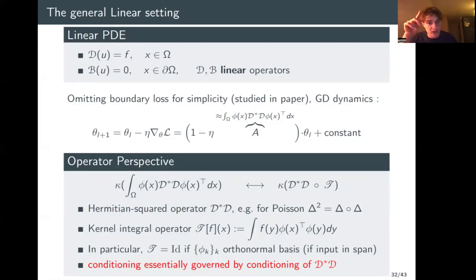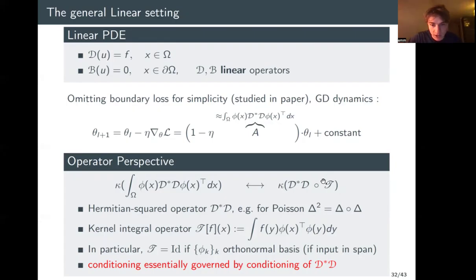By leveraging the duality, the condition number of this matrix is actually equivalent to the condition number of an operator, and this operator corresponds to the composition of this Hermitian squared operator D star D and this T. This Hermitian squared operator in the Poisson case just corresponds to the fourth derivative in one dimension.